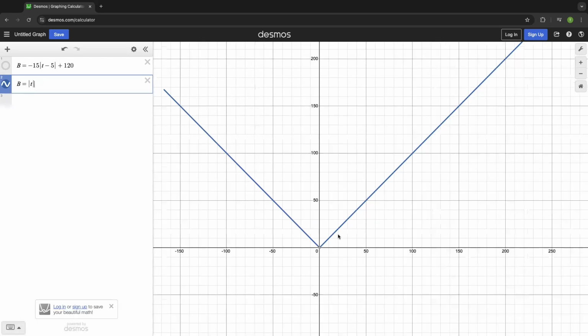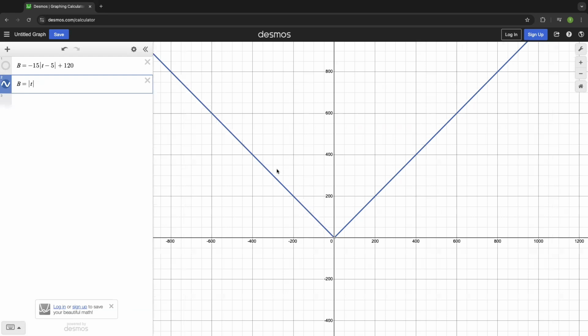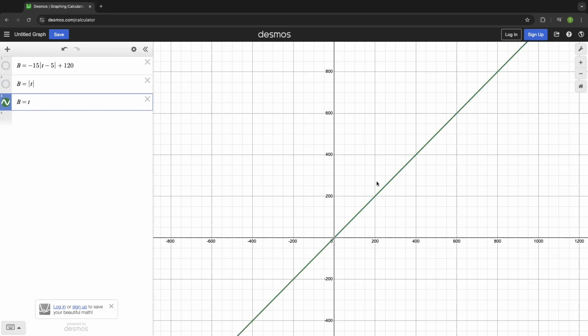Again, we all know what this graph looks like, right? It looks sort of like a V. If you haven't done absolute values at all, check out my previous videos on that. But just to give you a refresher, this is a linear equation.